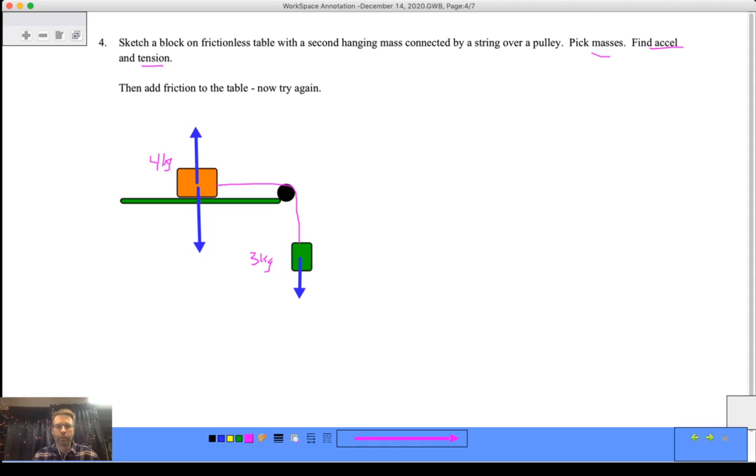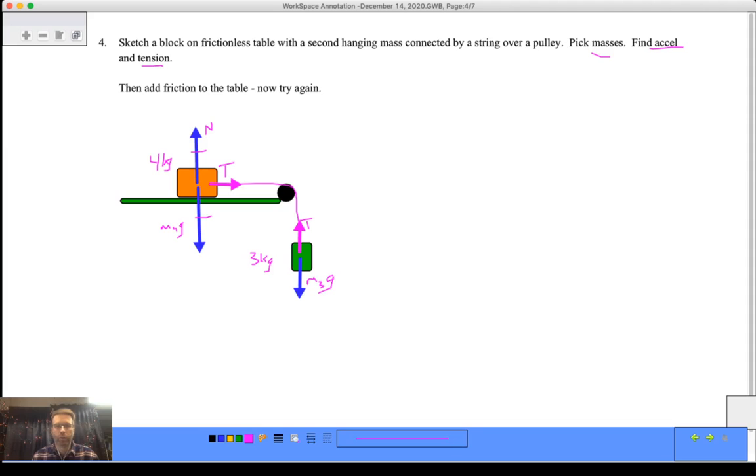We know it's going to accelerate, so I know the upward force here has to be less than the downward force, and the same size on the opposite end of the string over here. All right, so we've got tension, tension, m3g, m4g, and normal. There's our forces. We know that the normal and m4g are equal.